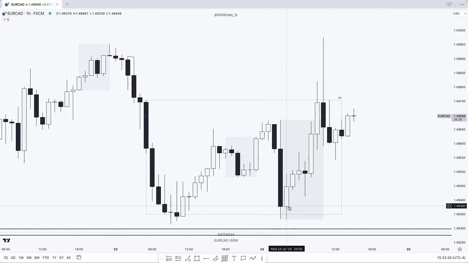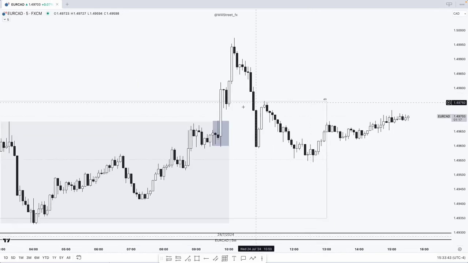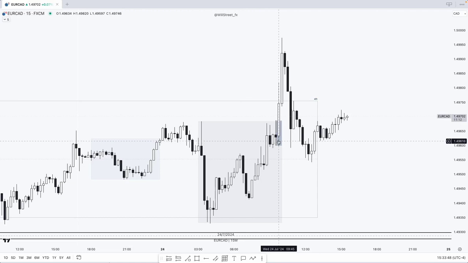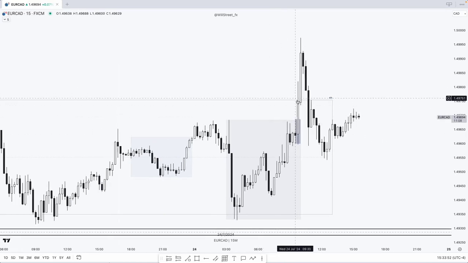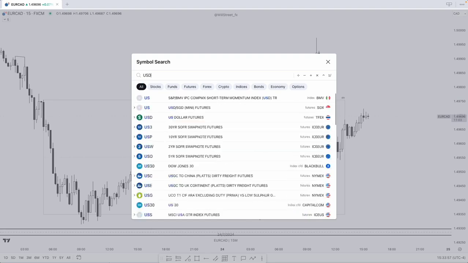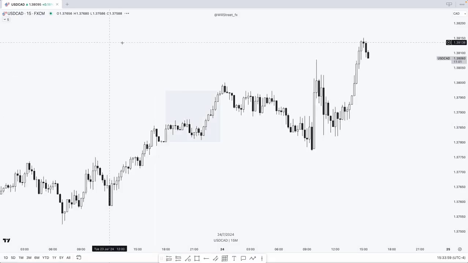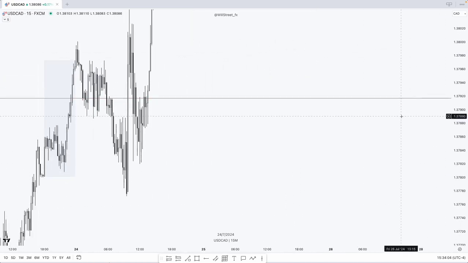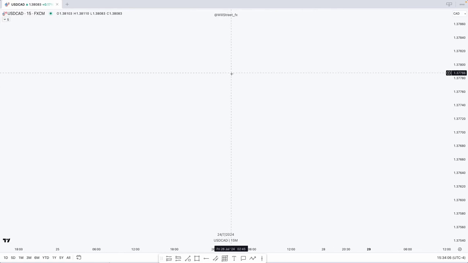For this one, we have this bias, but it didn't take the liquidity before the news. So where is the news? Here, it creates a 15-minute pending range, and going to final liquidity, meaning it will go up on USD-CAD. Perfect. All right, once that's said, let's start the episode of today.